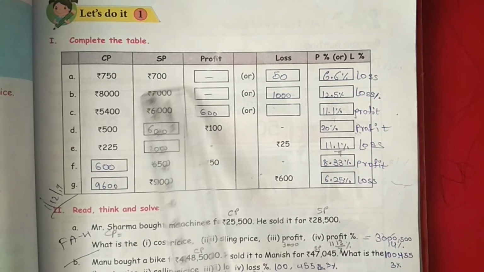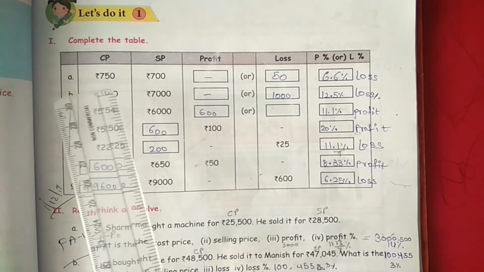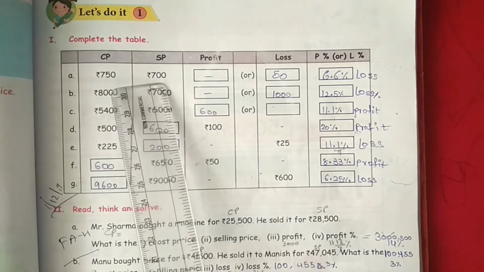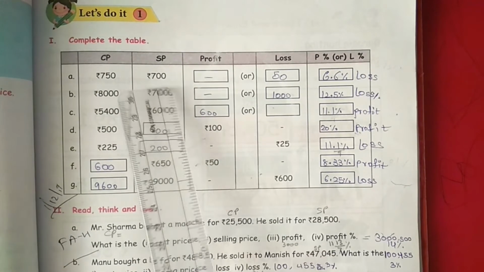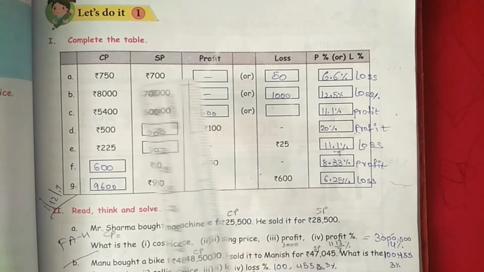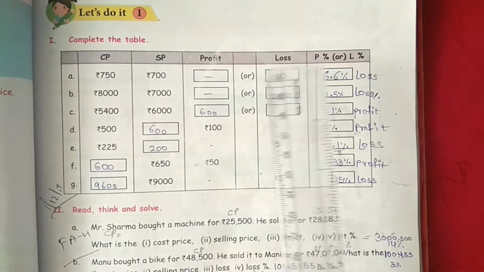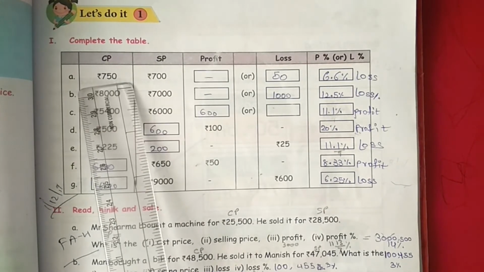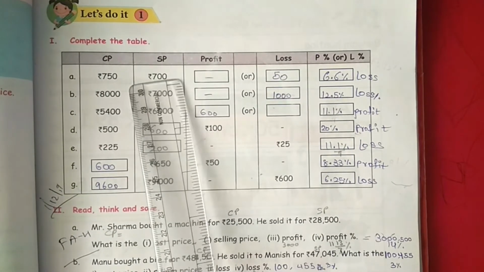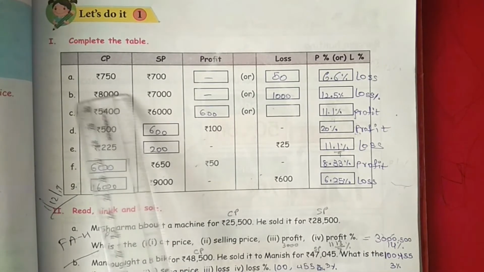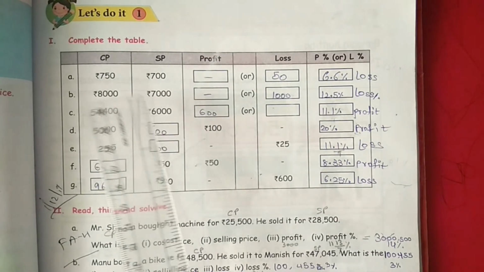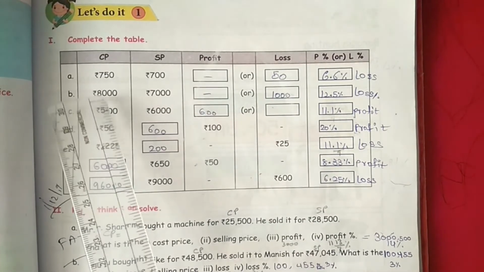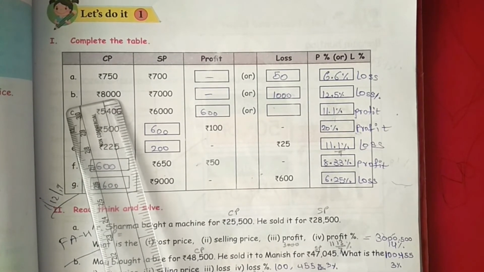Now we get an idea that cost price is more than selling price. That means it is loss only, no? Selling price is less than cost price, so it is loss. So the formula to find out the loss: cost price minus selling price is equal to loss, right?